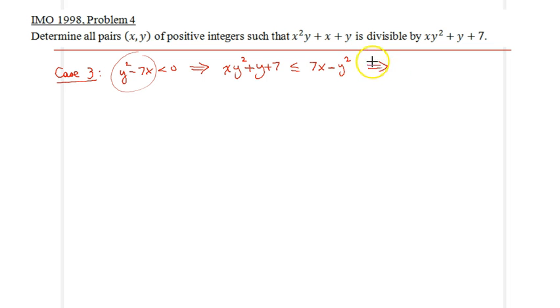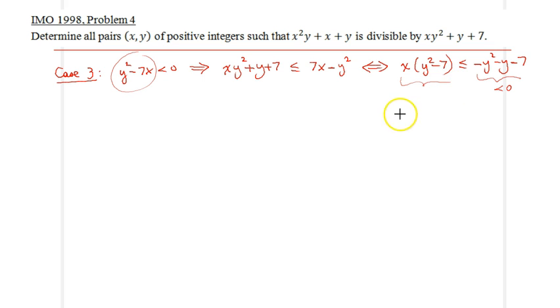Equivalently, I can rewrite this as x times y squared minus 7, which is less than or equal to minus y squared minus y minus 7.